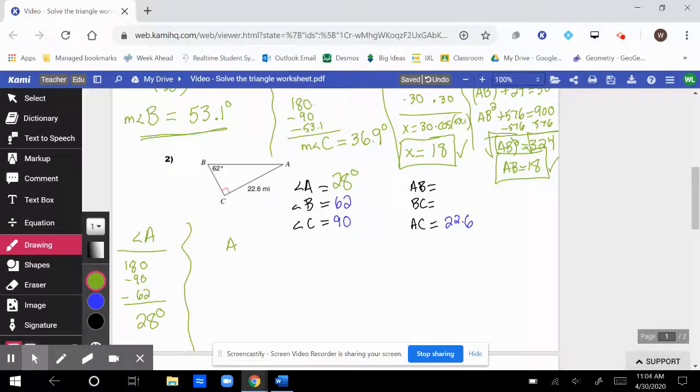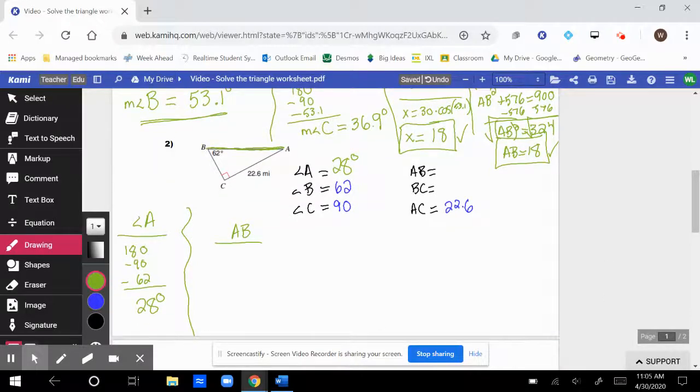Okay, now we cannot yet use Pythagorean theorem because we only know one out of the two sides. So you'll have to use trig to find one of the side lengths. So I'm going to say I want to find AB first. The side length that you're going to have to use is 22.6, first of all, and it depends which reference angle you use, whether that's an adjacent or an opposite.